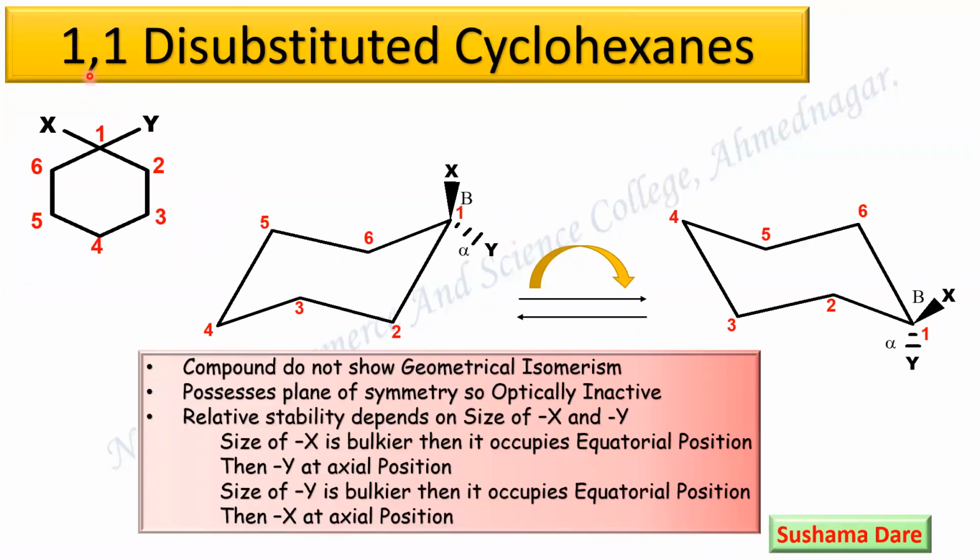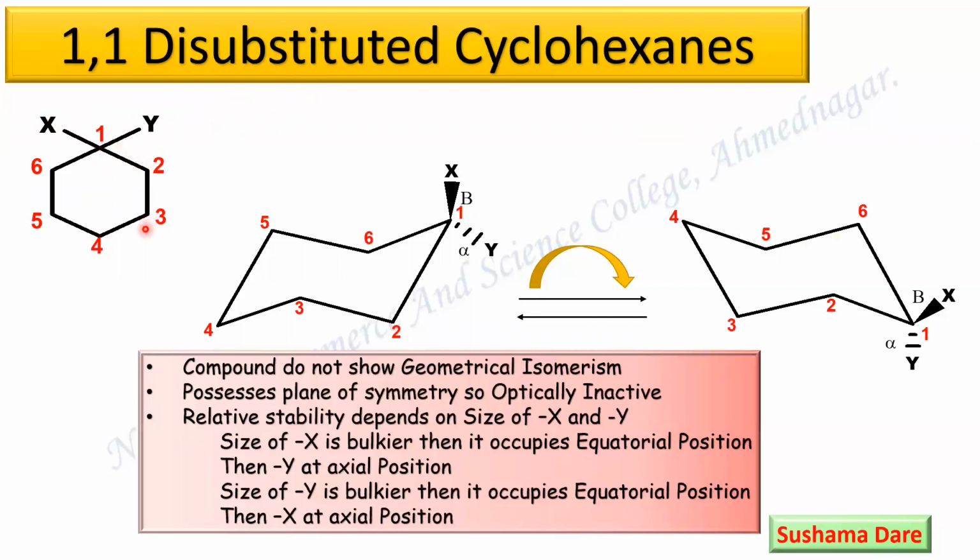Now, first of all, we'll discuss the 1,1-disubstituted cyclohexane. So this is the planar ring. In that planar ring, the two substituents, X and Y, are both present on the same carbon atom, so we call it a 1,1-disubstituted cyclohexane.